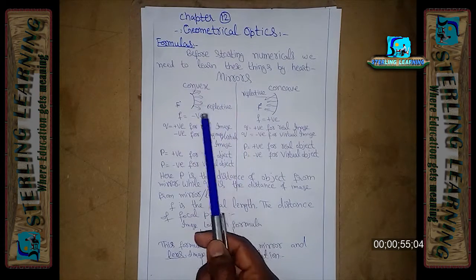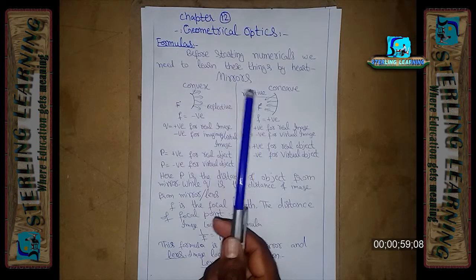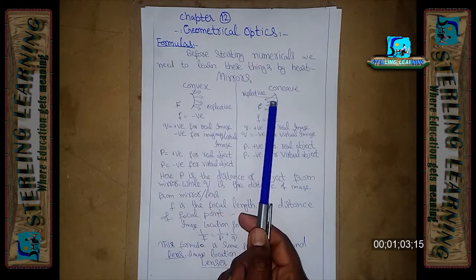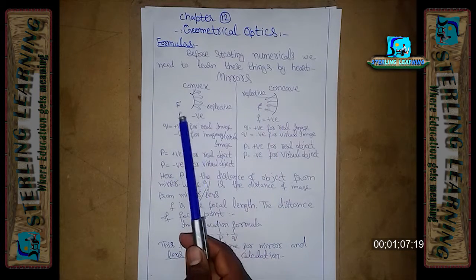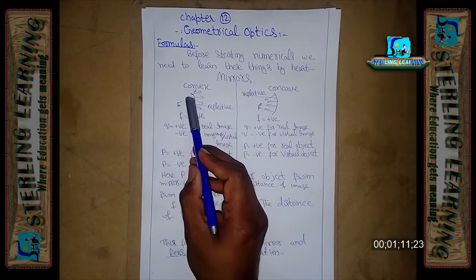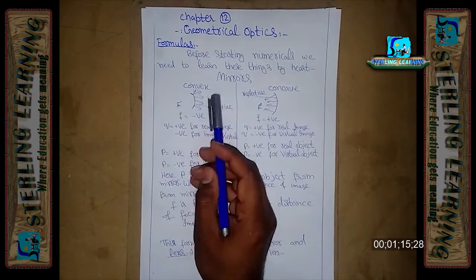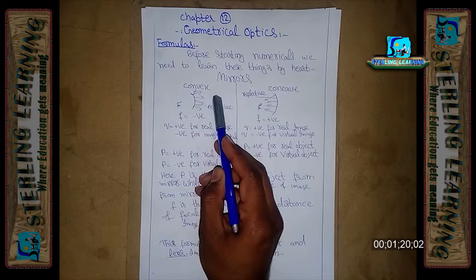Both are curved mirrors, but convex reflects from the outside and concave reflects from the inside. Convex has a negative focal length because the light strikes it and gets scattered, and does not converge on one place.